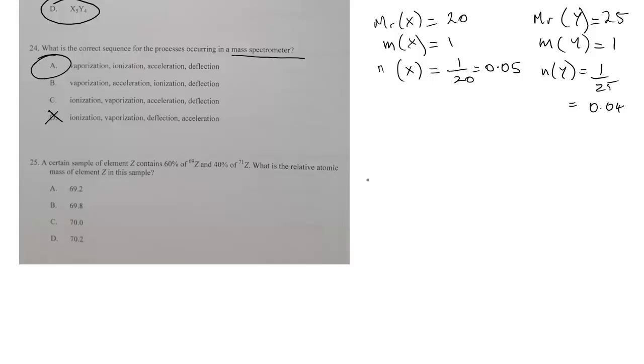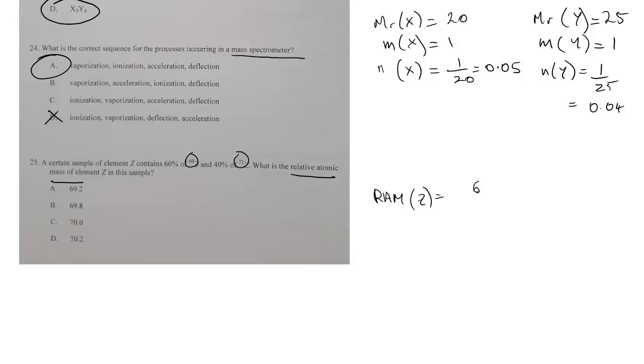Question 25, final question of multiple choice. You're asked to find the relative atomic mass of Z. So the relative atomic mass of Z is equal to the relative isotopic masses, which you get from those numbers there.